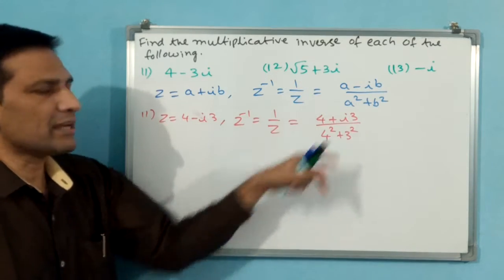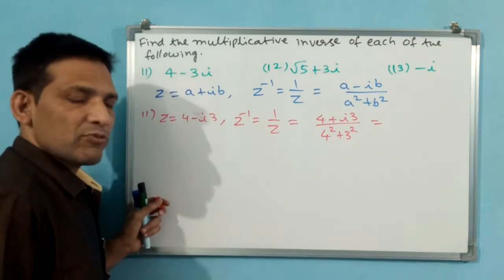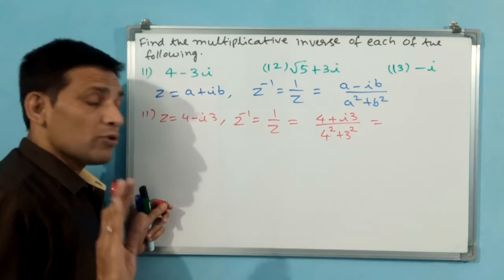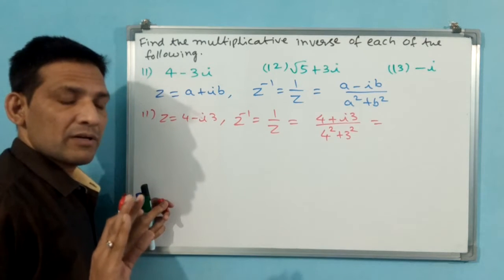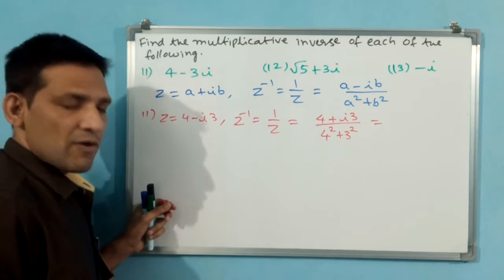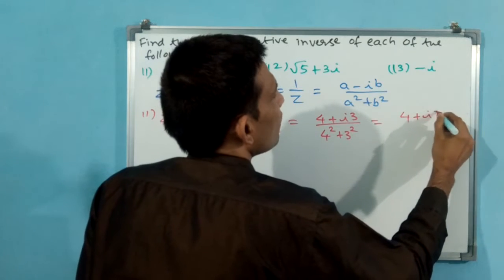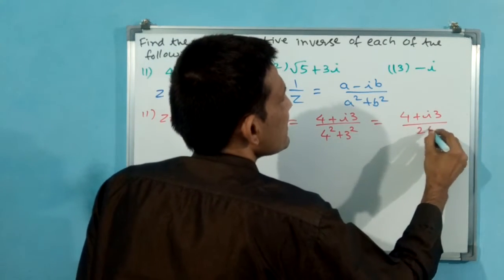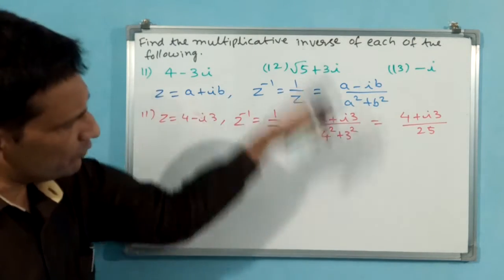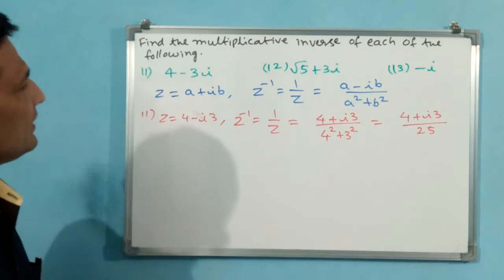Because here minus is there, here plus will come. 4 square plus 3 square means 16 plus 9, 25. Only 25 you have to write, don't put a square root. Why? Because this is the inverse, not the modulus. Modulus square you have to take. So 4 plus I3 by 25. That 25 you can take out, or you can write 4 by 25 plus I3 by 25. Either way you can write it.